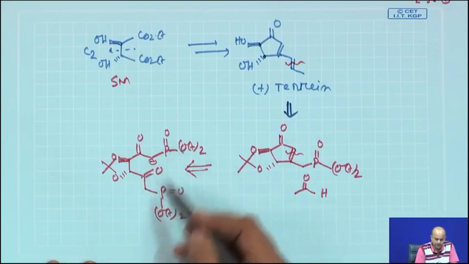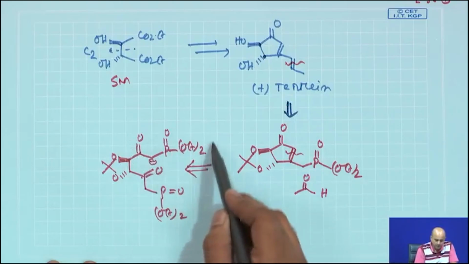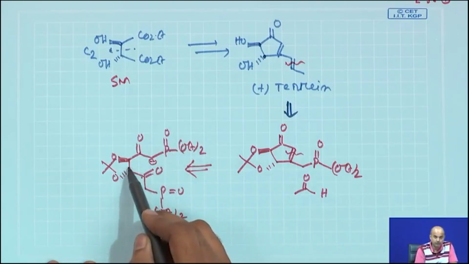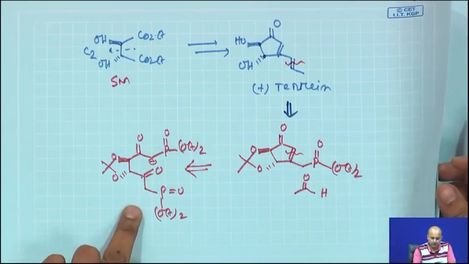Now, it does not matter which carbonyl reacts, because both these ends are homotopic due to the presence of C2 symmetry. So, this is our chiron.